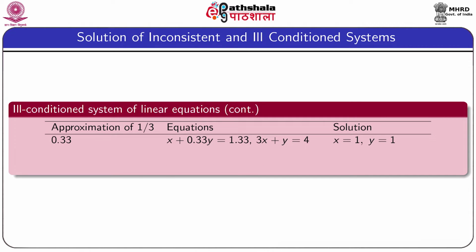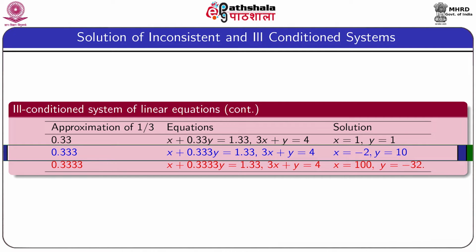But if we approximate 1/3 as 0.33, then the first equation reduces to x plus 0.33y equal to 1.33, and the second equation remains unchanged. The solution of this system is x equal to 1, y equal to 1.